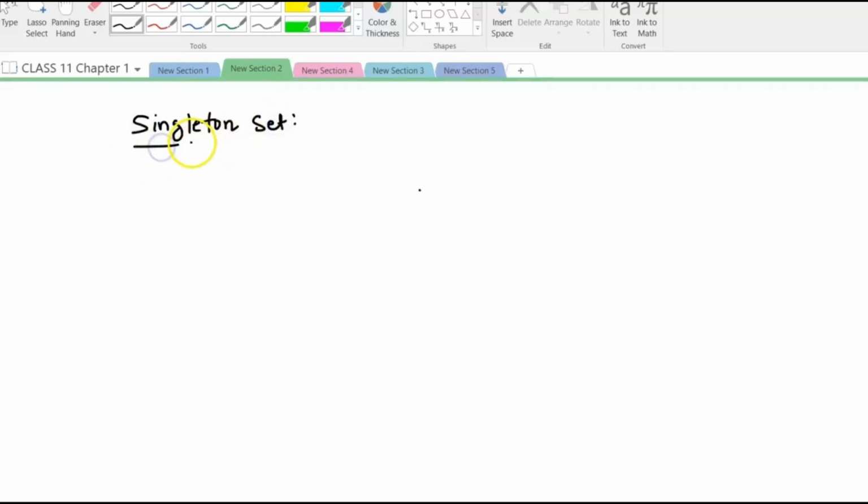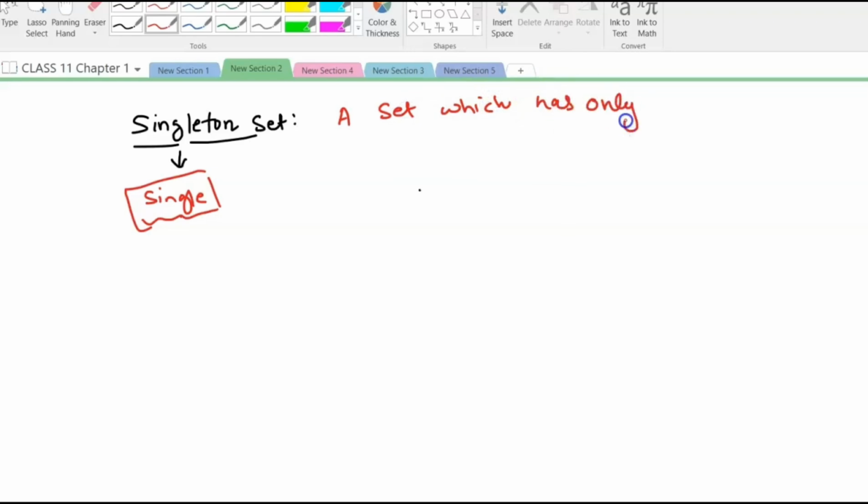What does Singleton set mean? From the name only, you can tell it is something about a single thing, right? So Singleton set is basically a set which has only one element. Empty set was the set that does not contain any element.